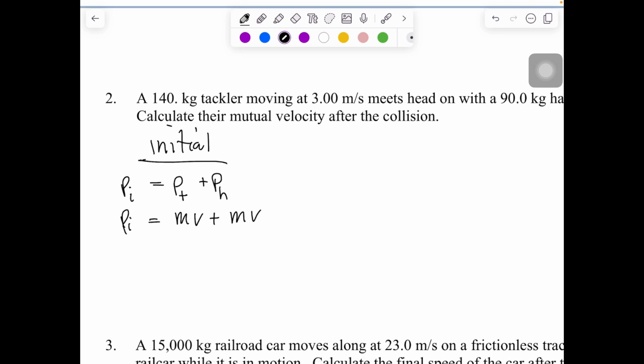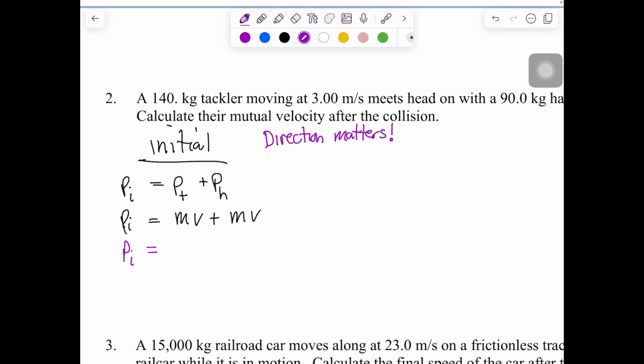We need to be a little bit careful with signs here because remember that direction matters. If we're going to call one person moving to the right and the other person moving to the left, then we're going to have to make sure we note those signs accordingly.